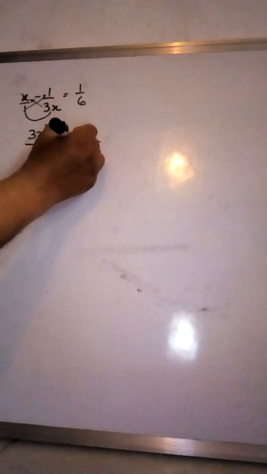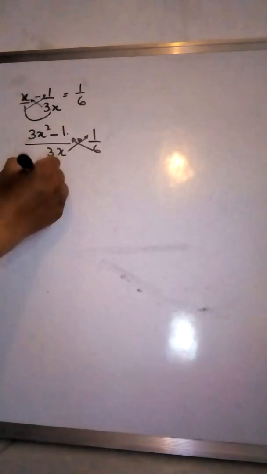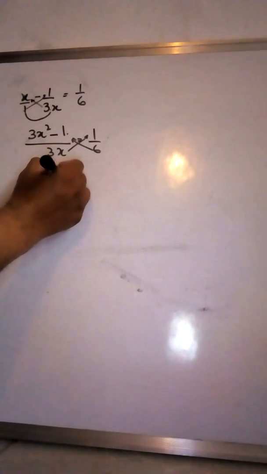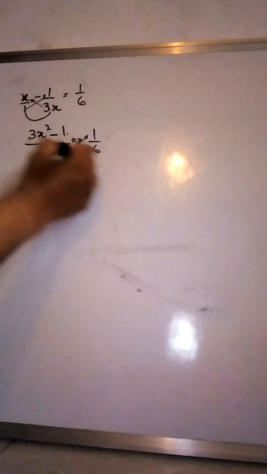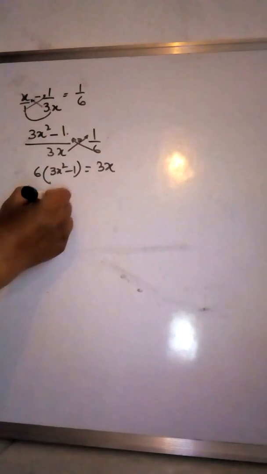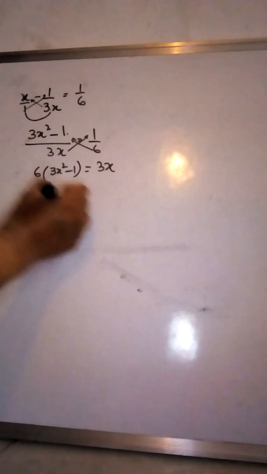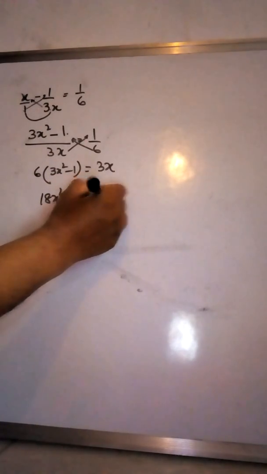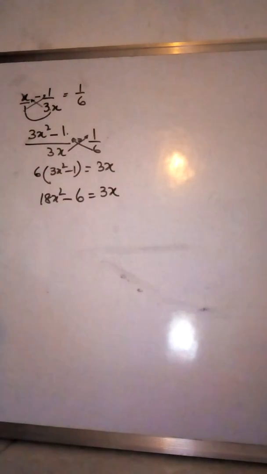Now cross multiply then. So we'll have 6 into 3x square minus 1, 3x into 1 is 3x. Now 6 into 3x square will give me 18x square minus 6 into 1 will be 6 is equals to 3x.